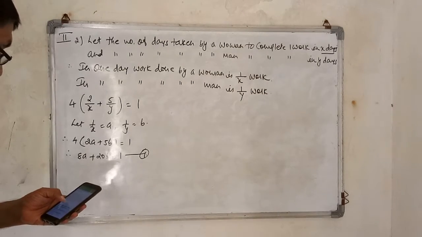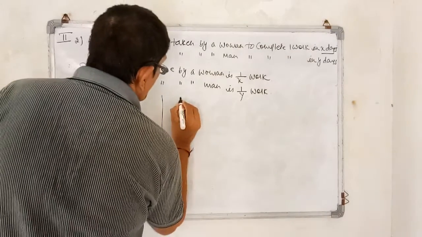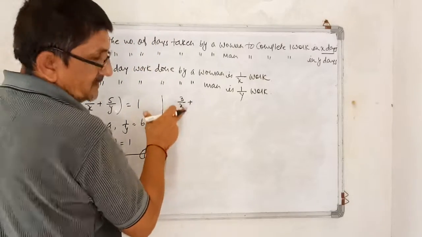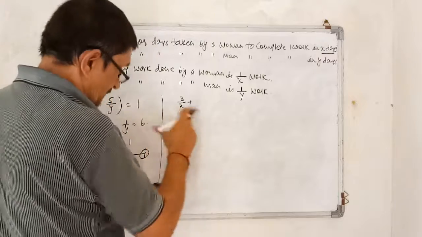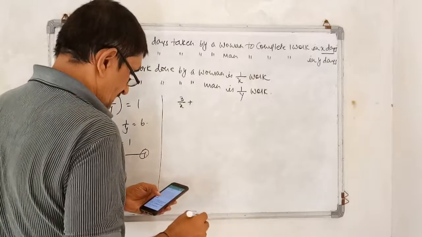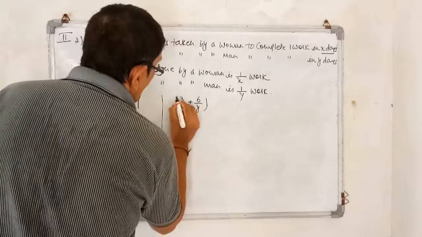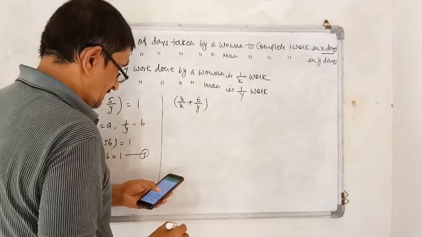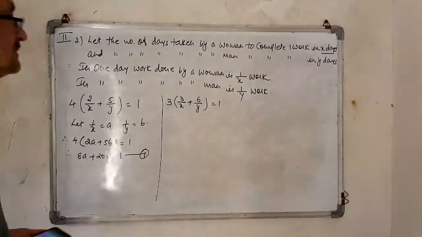Similarly, three women together can complete in one day 3 by X work, and 6 men complete the whole work in 3 days.